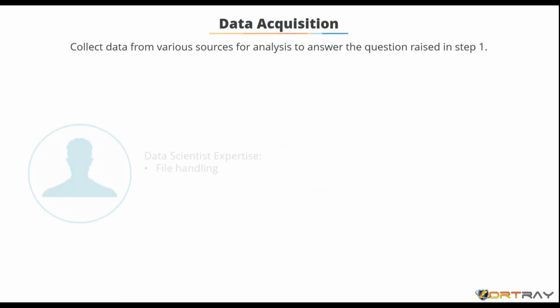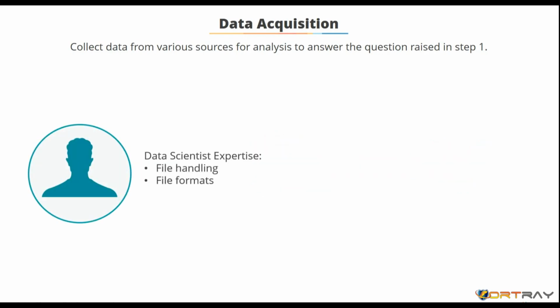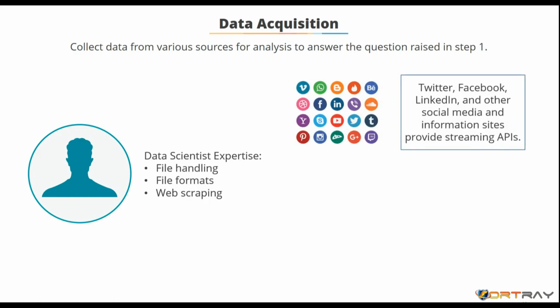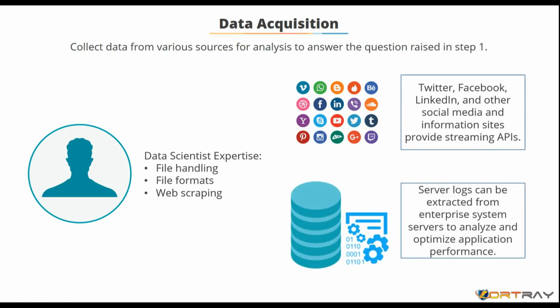Expertise with file handling and ability to deal with different file formats is an important skill to download and analyze the data. Web scraping is a popular way to extract information from the web. A lot of information sites provide streaming APIs, such as Twitter, Facebook, LinkedIn, and other major social media and information companies. The server logs can also be extracted from enterprise system servers to analyze the application performance and optimize the overall process.